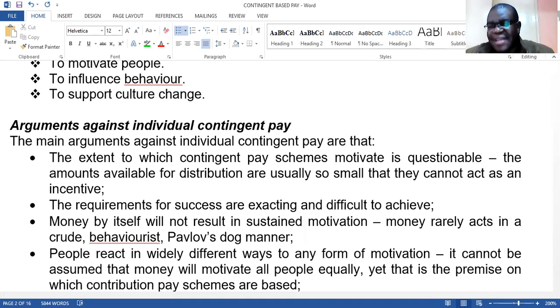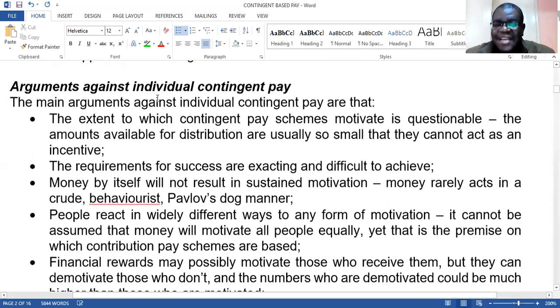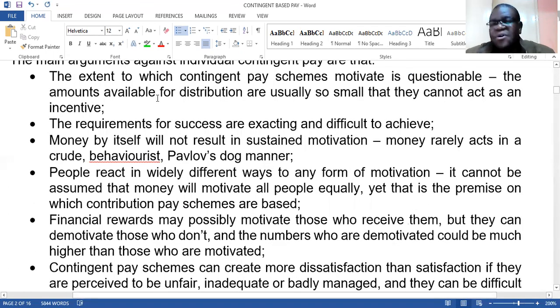That notwithstanding, there are arguments that have been advanced against the rollout of individual contingent-based schemes. These arguments against would include, for the most part, that it may be questionable as a motivator, because if the scheme is not administered well, then it may not achieve the desired levels of motivation.